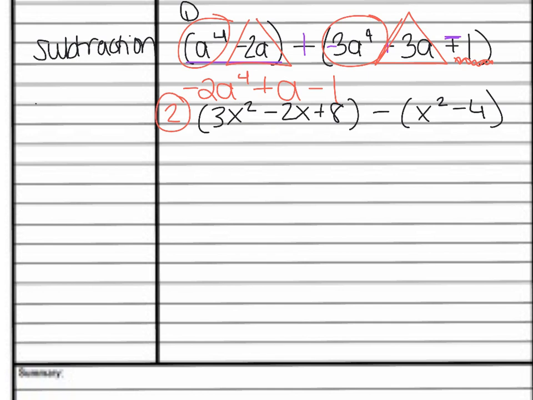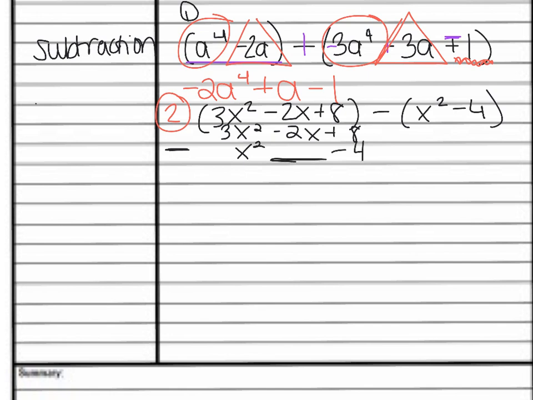So I'm going to rewrite it vertically. 3x squared minus 2x plus 8. Then the minus sign. And then we'll have x squared minus 4.